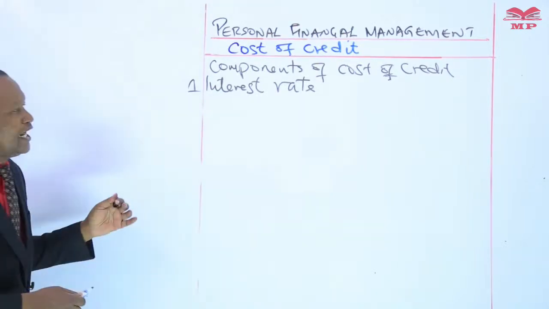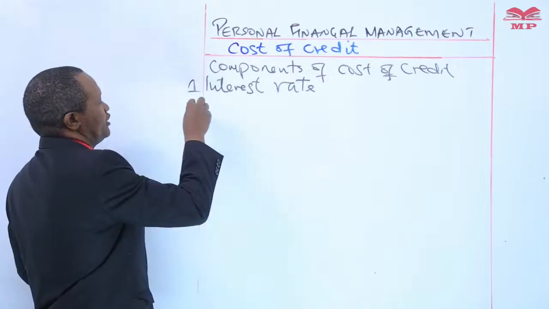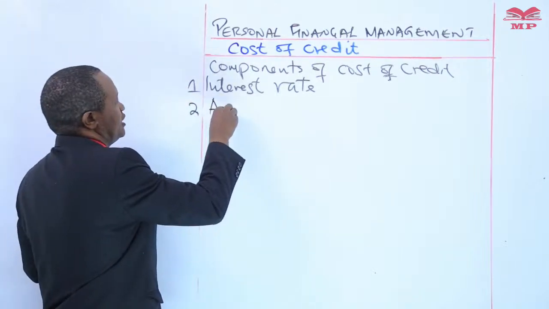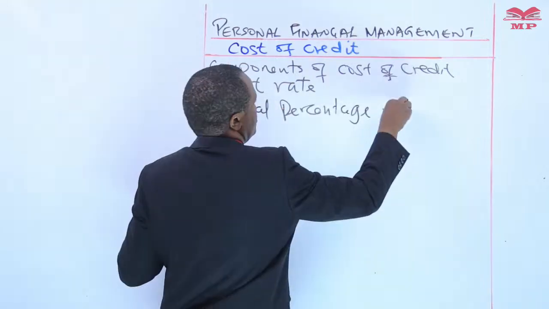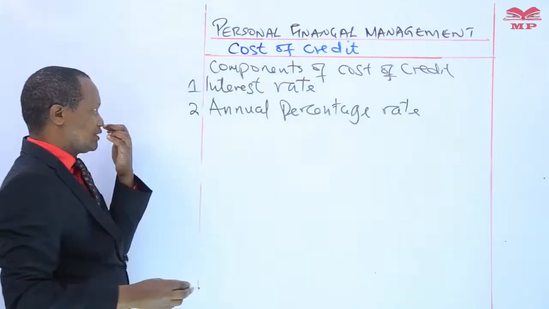Then there is the annual percentage rate, yet another component of cost of credit.